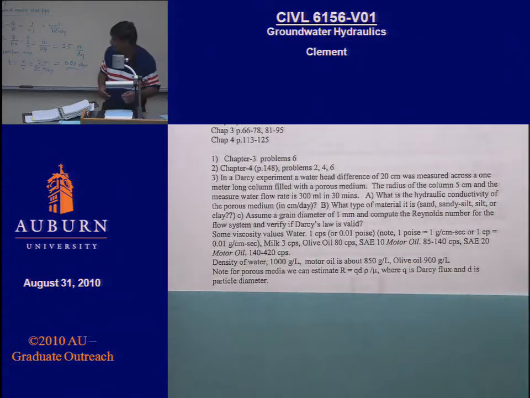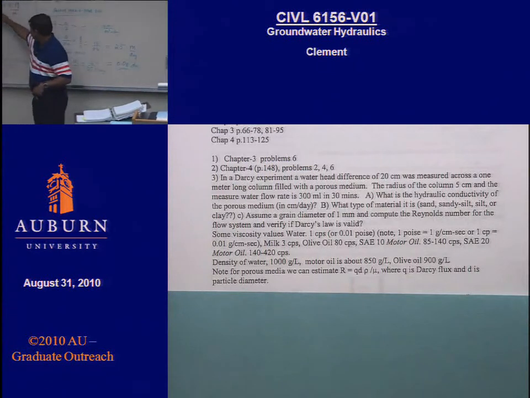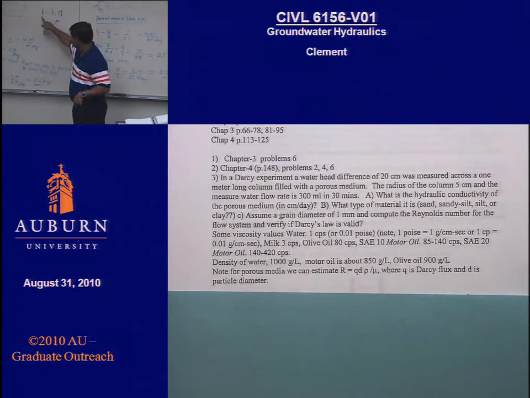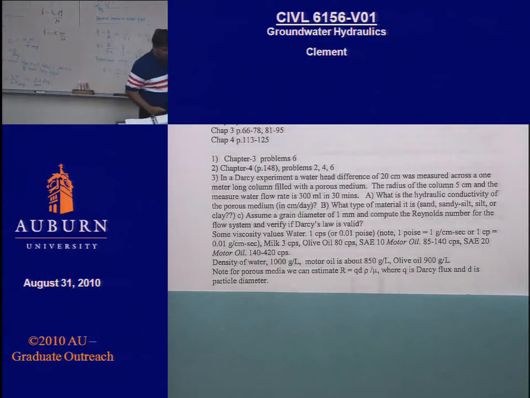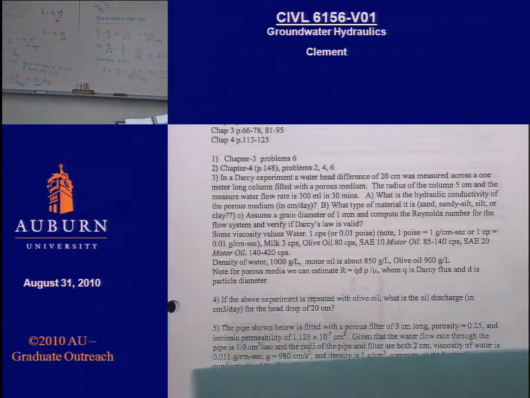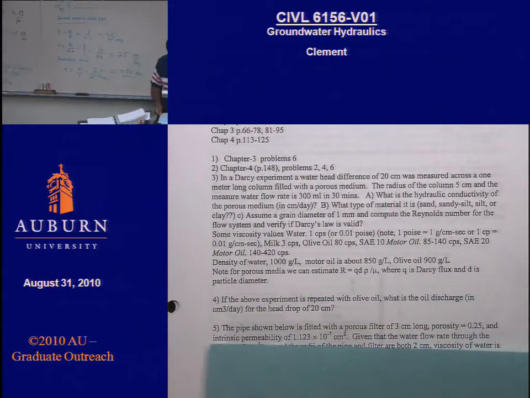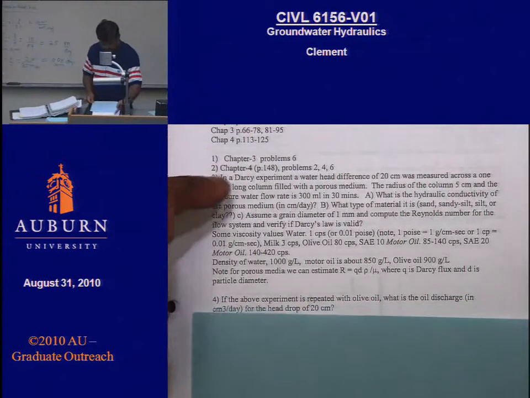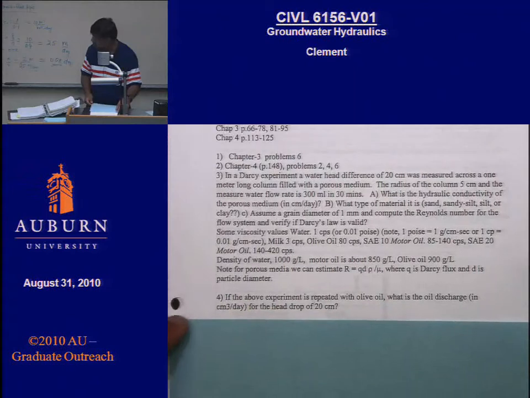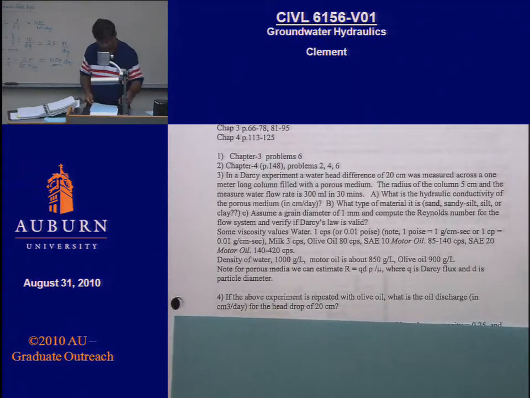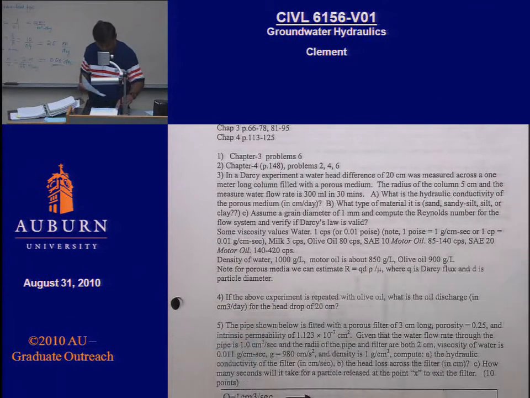Manipulate Darcy's law, and there is a lot of viscosity information given. So find for oil what happens, for water what is the conductivity, and so on. And then the book problems are really trivial, so this should be relatively easier. This is for water, and then I said if I use olive oil, what happens? Same problem with the oil conductivity.